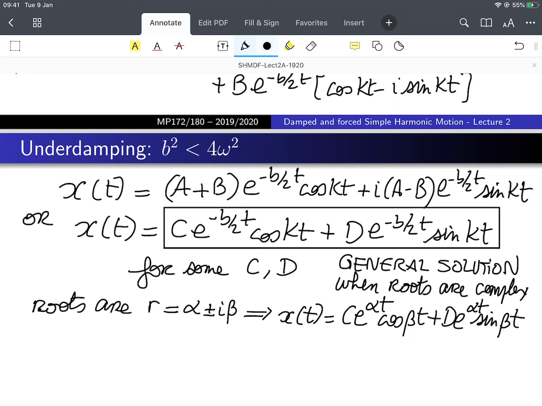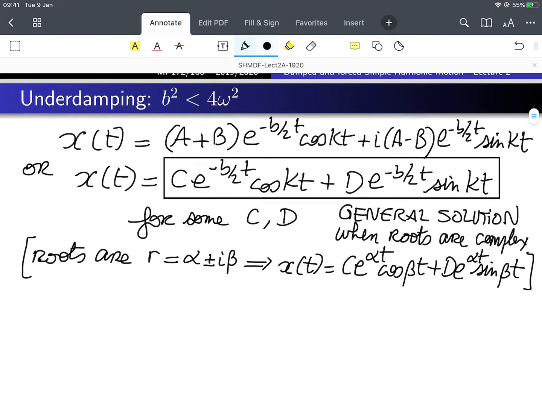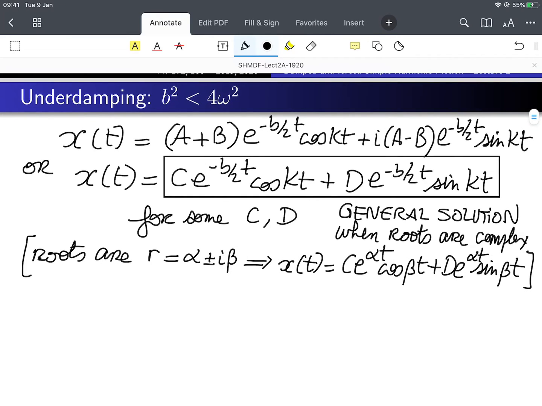That's all you have to memorize. And at the end of the lecture, I'll write this into a table.